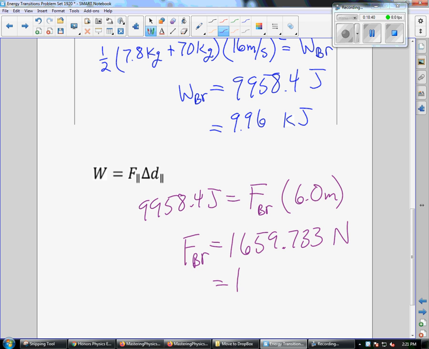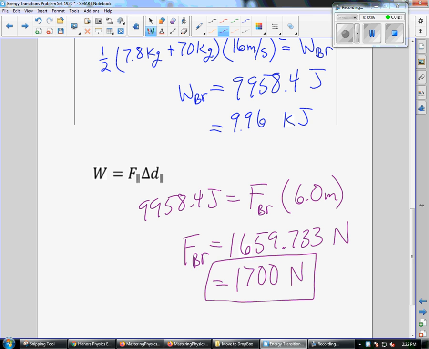I noticed it wanted 2 sig figs. And knowing our book and that they don't use the correct rounding techniques, I'm going to put it in as 1,700 newtons. Does it have to be negative?